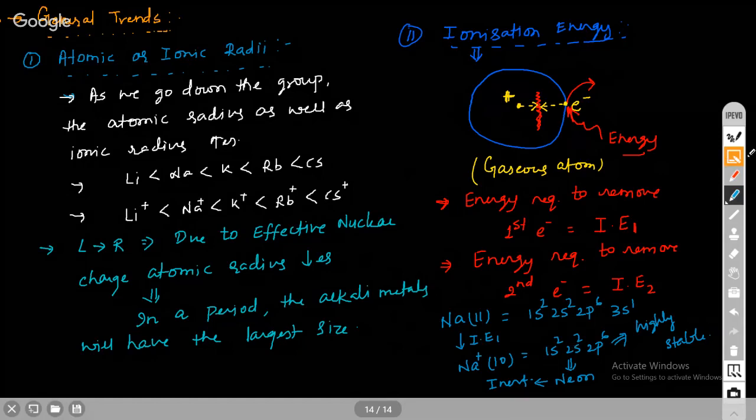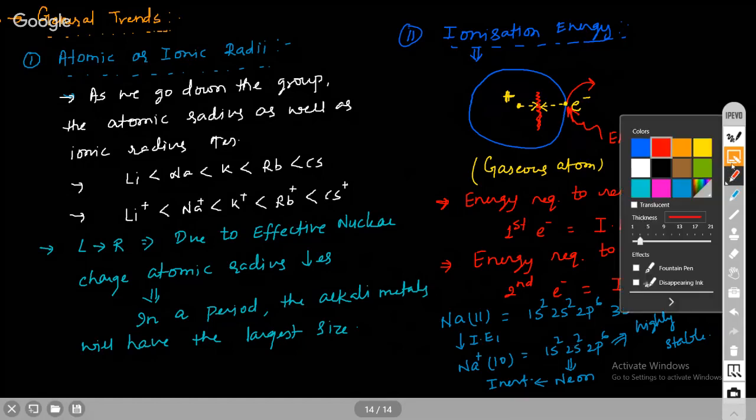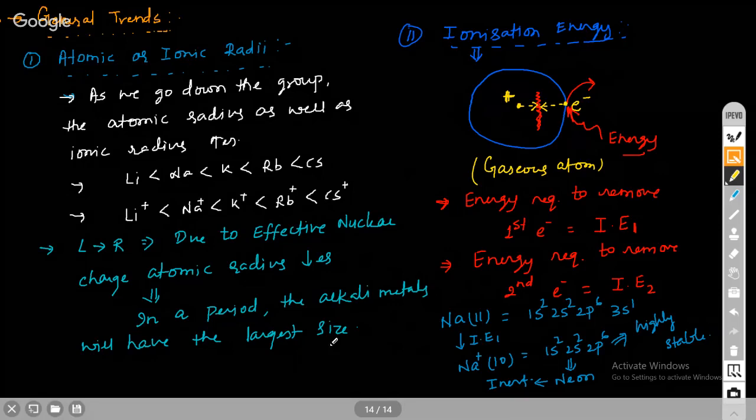So what we can say from this comparison is that for alkali metals, the second ionization energy, IE2, is greater than the first ionization energy, IE1. Is it clear why it is greater? Because when it loses one electron, it gains inert gas configuration, which is highly stable, and it is very difficult to remove an electron from this configuration.